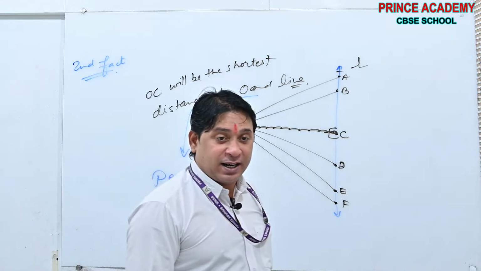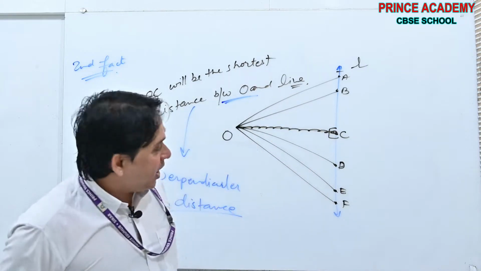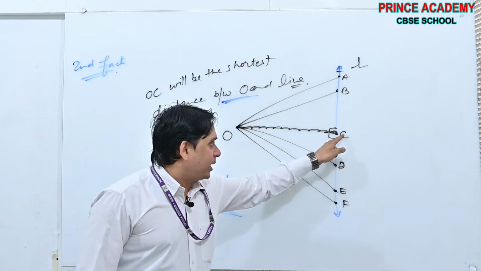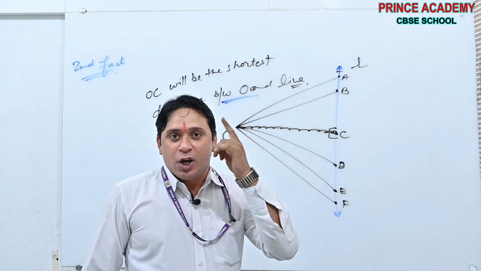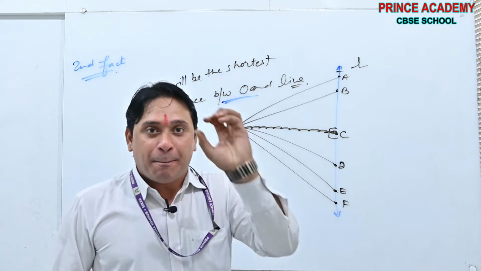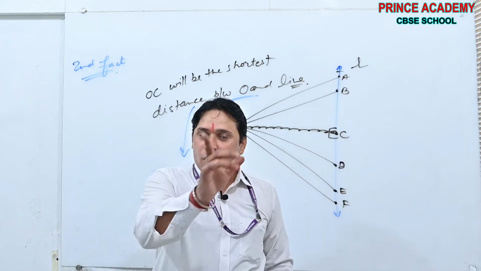In physics you have learned displacement. The shortest distance is displacement. Here you can say the shortest distance is the perpendicular distance between a point and a line. You got my point?